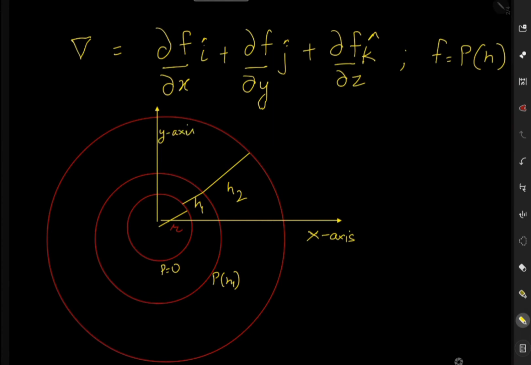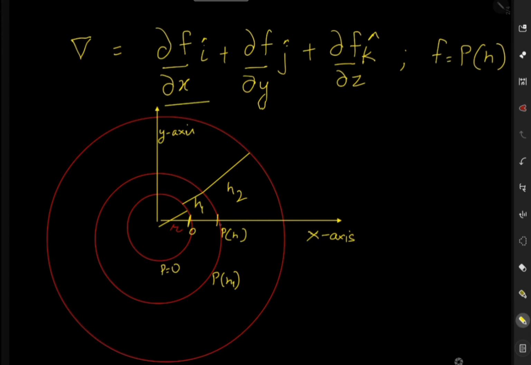If we move in x direction, from here some x we move in this direction, the potential will change from 0 to P(h1). This is defined by our first term.